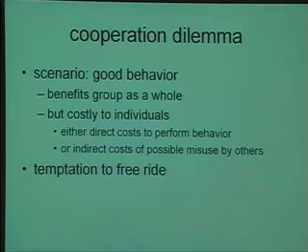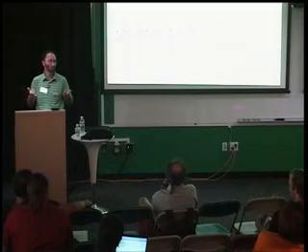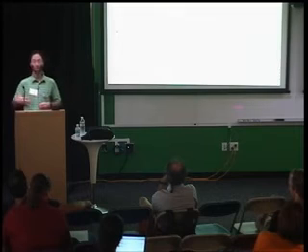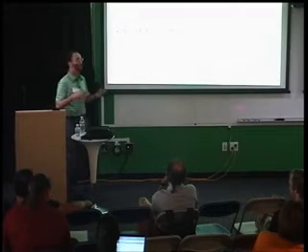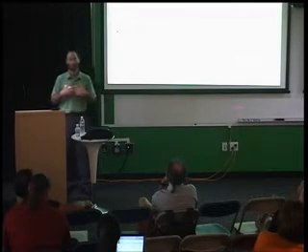Either it's because they have a cost to perform this beneficial action, or maybe in the context of, say, privacy concerns, they might be worried about an indirect cost that if they participate by revealing their information, somehow it might be misused against them later on. And so in a scenario like this, everyone has a temptation to free ride on the efforts of others. That is, you'd like to say, I don't want to incur my individual cost, but I sure hope everyone else in the group will participate so we can get the benefit for the group.